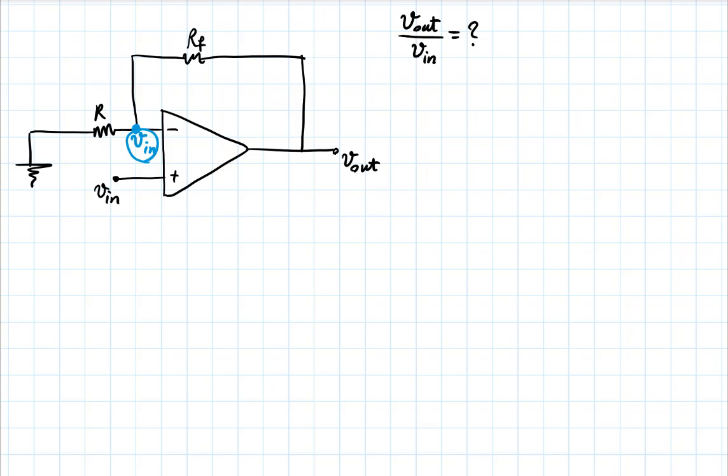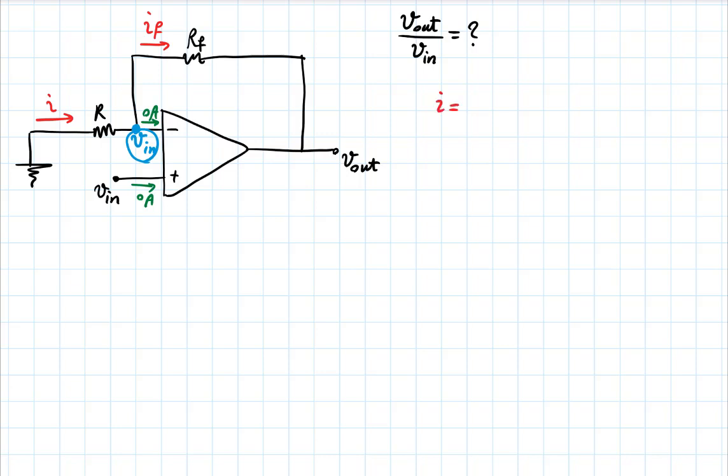I also know from the op-amp that this current is 0, like what we just said, and this one is also 0. Now we'll do the same thing that we did last time. So I have a current I here, IF here. And by KCL, I and IF are the same thing. Now what is I?